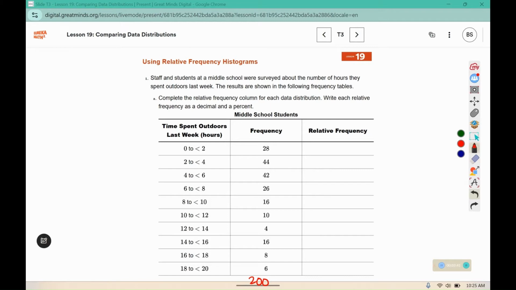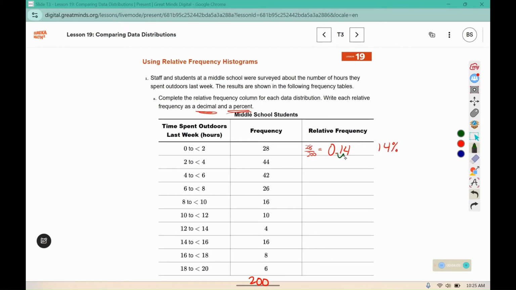To find the relative frequency, we're going to write 28 out of 200. That's the fraction version, but it asks us for the decimal and the percent. So if we divide 28 by 200, that gives us a decimal of 0.14, which is the same as 14%.